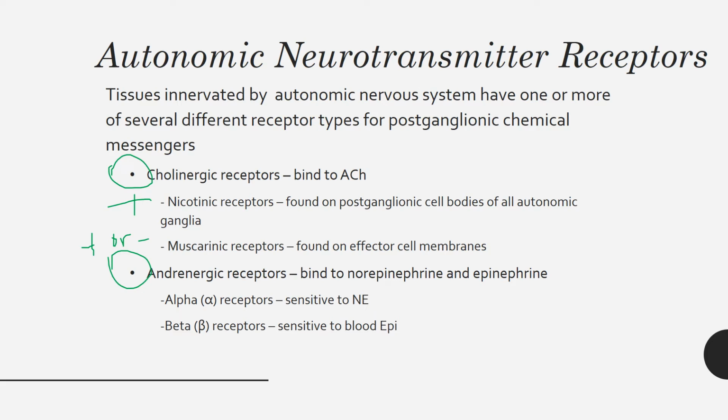Adrenergic receptors bind to norepinephrine and epinephrine, and these are part of the sympathetic division. With adrenergic receptors, there are compounds or molecules that will bind selectively to one type or the other, and that will either promote or inhibit some normal action due to the binding of norepinephrine or epinephrine.